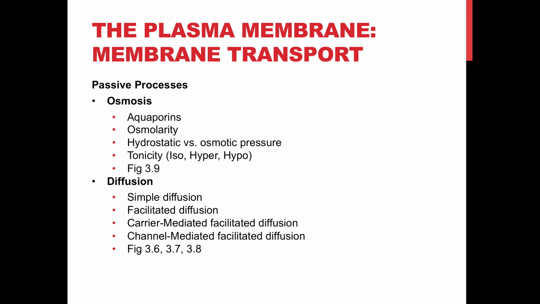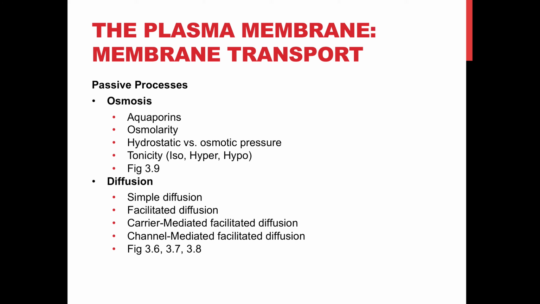So osmosis is diffusion of a solvent, usually water when we're talking about the body. The example I just gave of the salt was diffusion of solute, which was the salt, diffusing throughout the solvent, which was water. The same thing can happen in reverse in the example of osmosis.